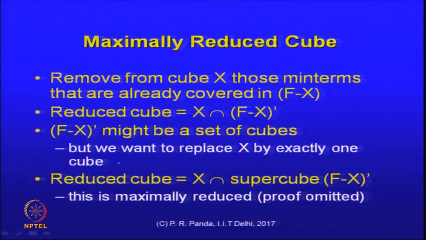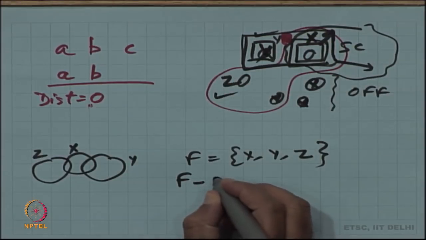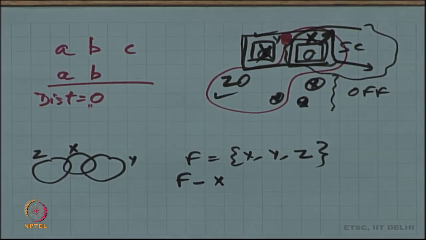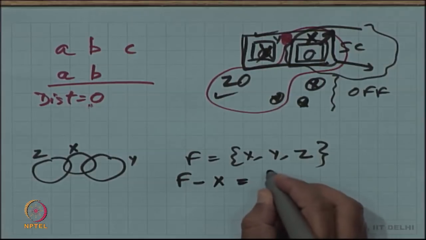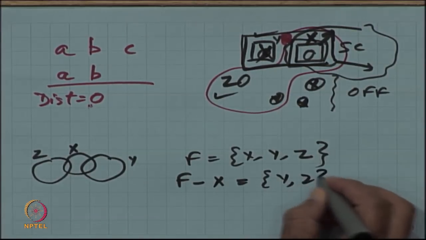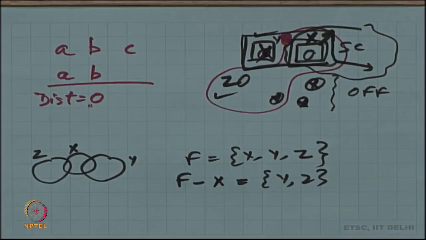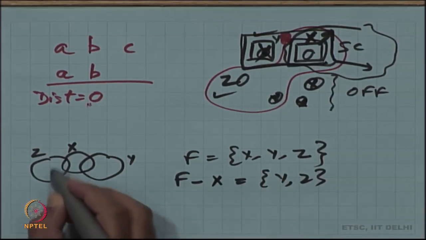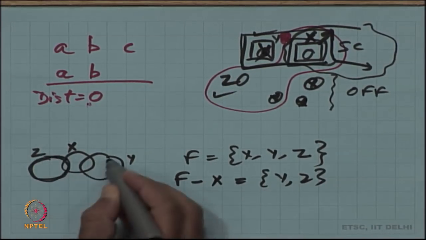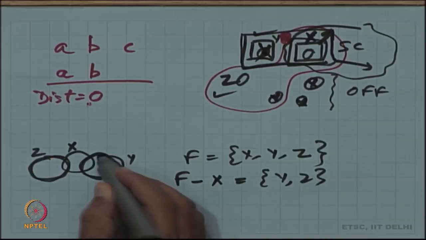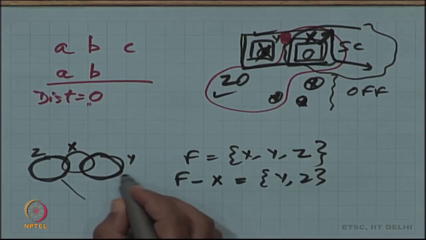First of all, let me generate f minus x, which consists of essentially the remaining implicants, the remaining cubes, if you just remove that cube from there. Here is what I can do. F minus x consists of this much, that and this together.